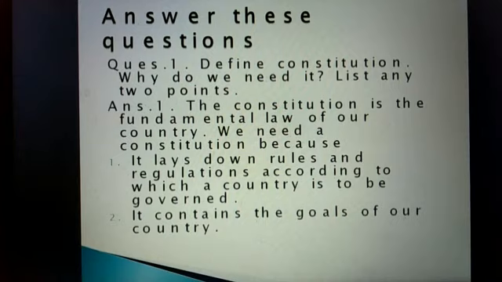We need a constitution because, first point, it lays down rules and regulations according to which a country is to be governed. Second point, it contains the goals of our country.